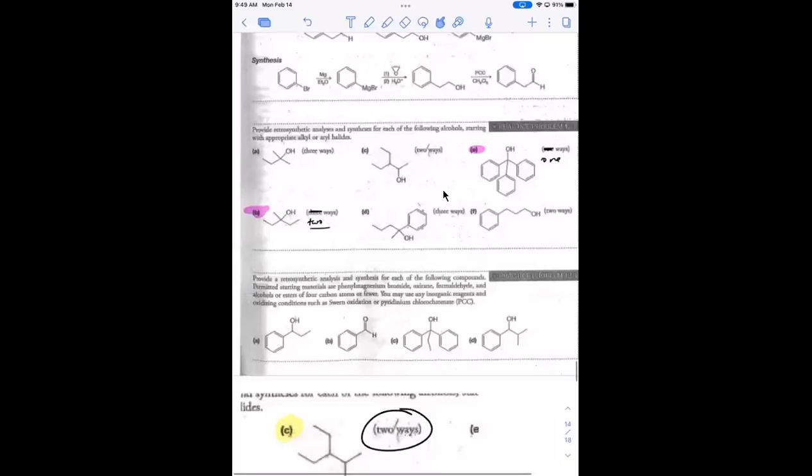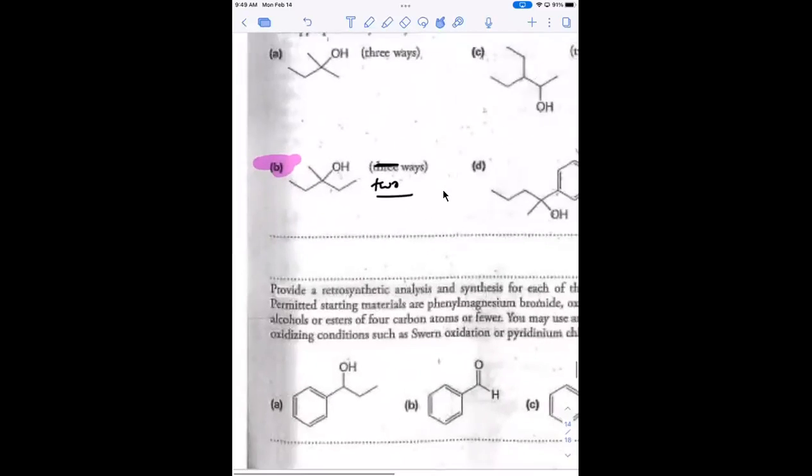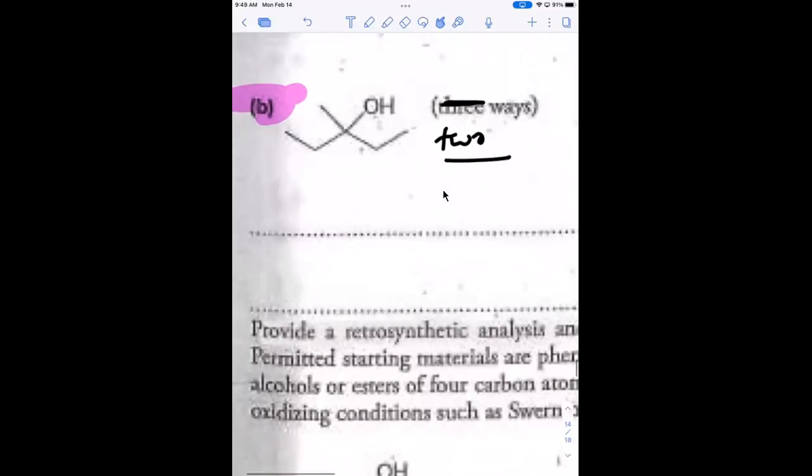I'm still not seeing how to draw it though. All right, let me share my screen back, and then I'll show you. It's coming up, and then we'll close out with this. So we're looking at B, right?